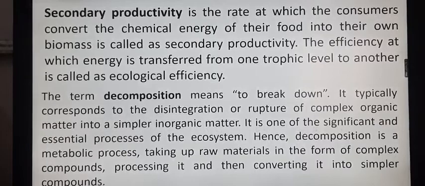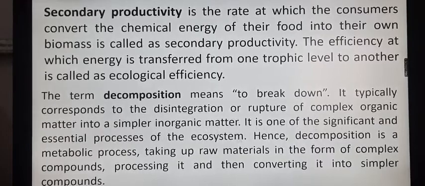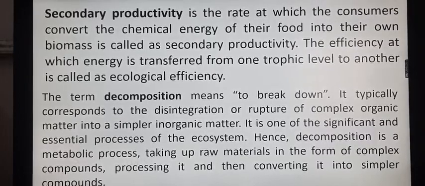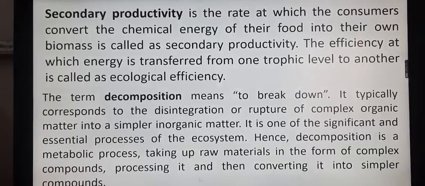It is one of the significant and essential processes of the ecosystem. Decomposition is a metabolic process taking up raw materials in the form of complex compounds, processing them, and converting them into simpler compounds.